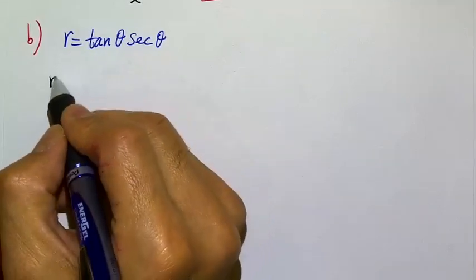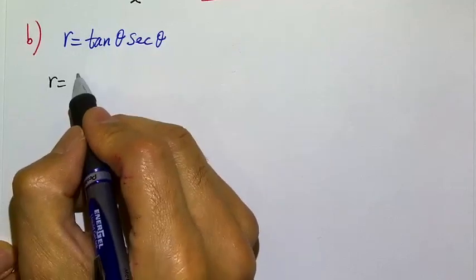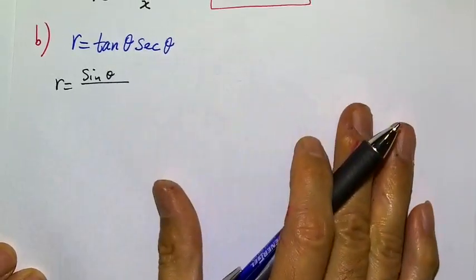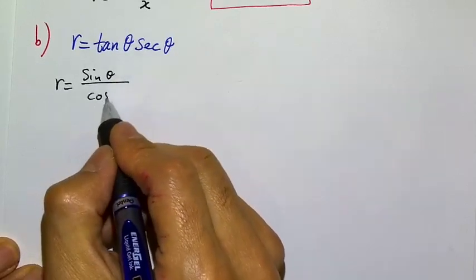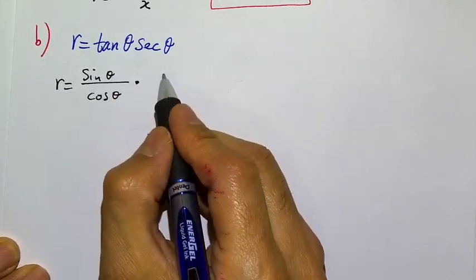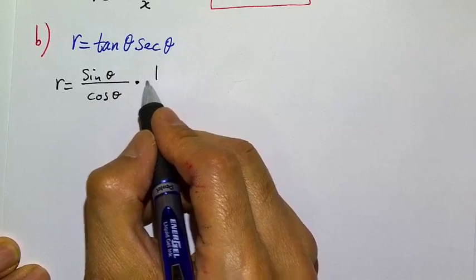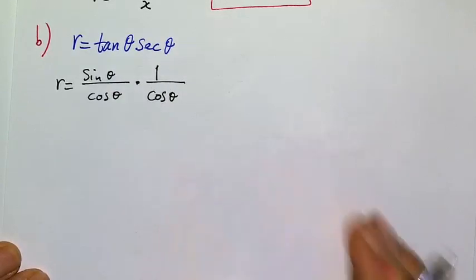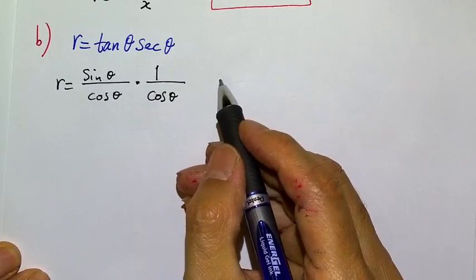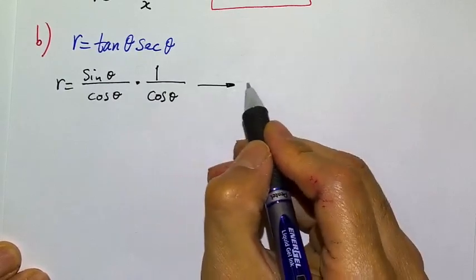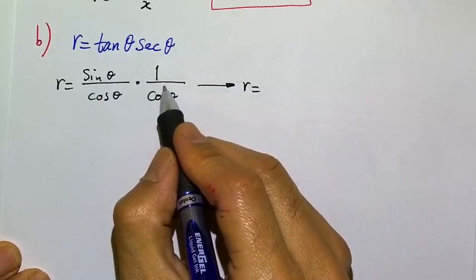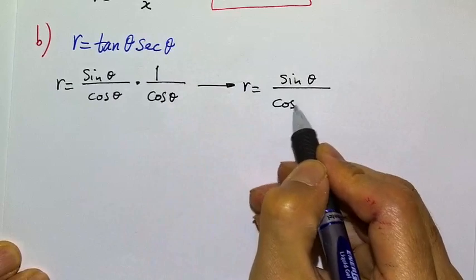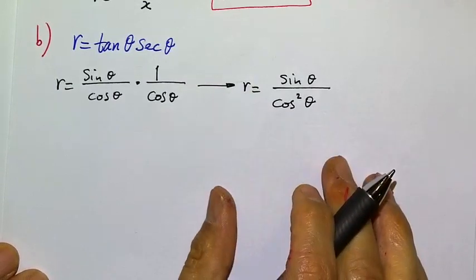So let's do that. We have tangent of theta, which is sine of theta divided by cosine of theta, times, of course, secant theta. Secant is the reciprocal of the cosine function, so 1 over cosine of theta. This results in sine theta divided by cosine squared theta.